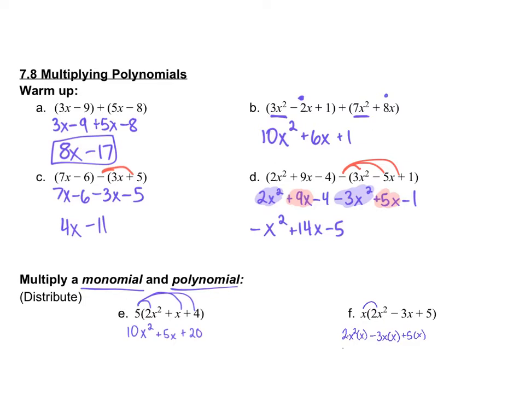So 2 times x times x times x minus 3 times x plus 5x. All right, now we can't combine these because we have different amounts of x's. So x times x, we could rewrite that as 2x cubed minus 3x squared, and plus 5x. And we get our answer.